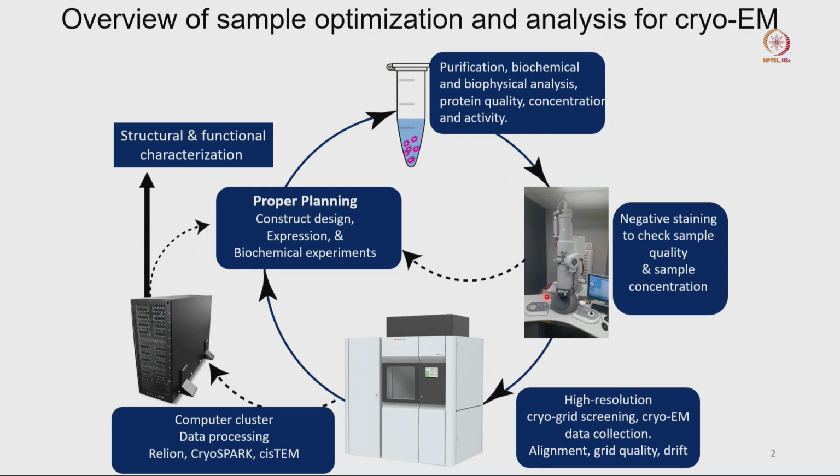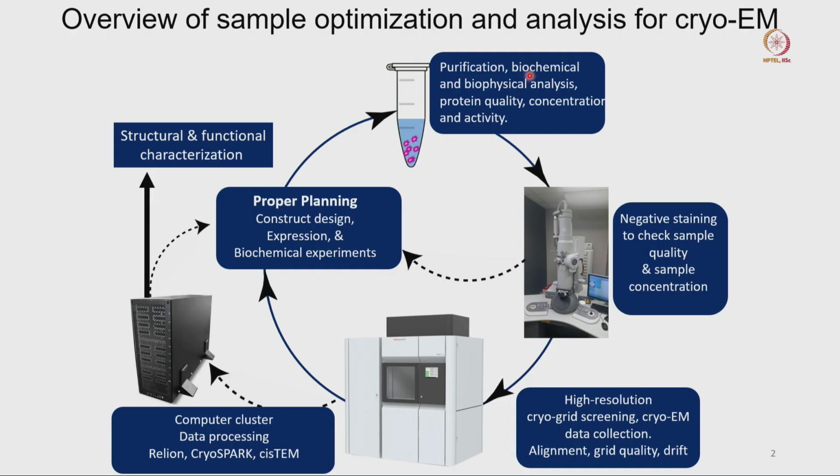Now, you are familiar with the architecture of the TEM. This is our normal TEM, where this is the goniometer where we can insert our sample and then visualize it. Most of the time you can get an idea about the concentration of your sample and how homogeneously it is distributed.